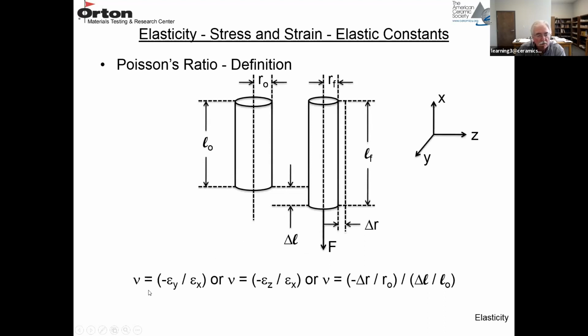So again, Poisson's ratio is minus the strain in the Y or Z directions divided by the strain in the axial or X direction, or in this case on this diagram, minus delta R over R0 divided by delta L over L0. There's always a negative here because there's a shrinkage in one dimension. Poisson's ratio turns out to be a positive number, and it's always between 0 and 0.5.